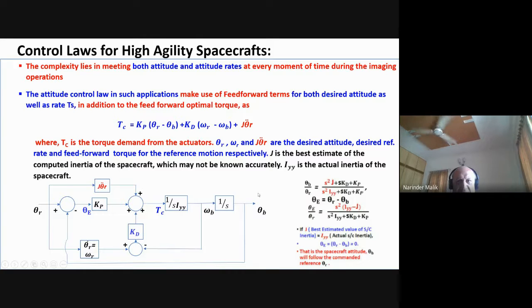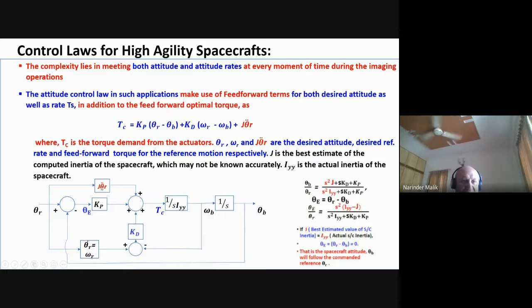Now, if you see, this is J, my estimated value, J into theta r double dot, this is the desired acceleration and this is the estimated value of J. And this is the actual inertia of the body, Iyy. If J and Iyy are the same, then I find theta b is equal to theta r. That is, theta e, which is theta r minus theta b, is 0.